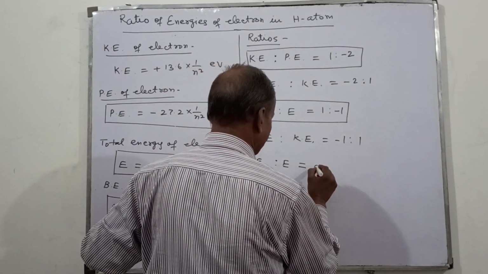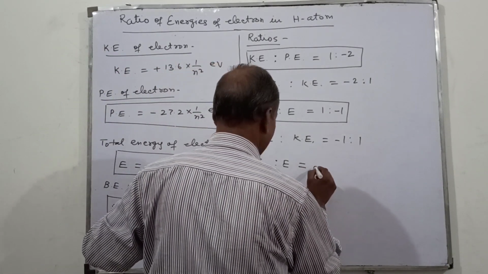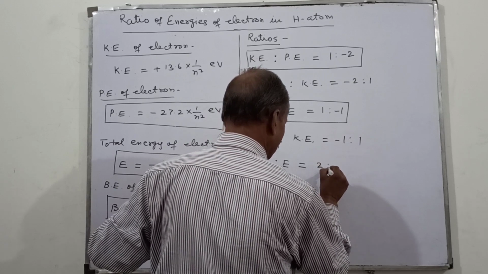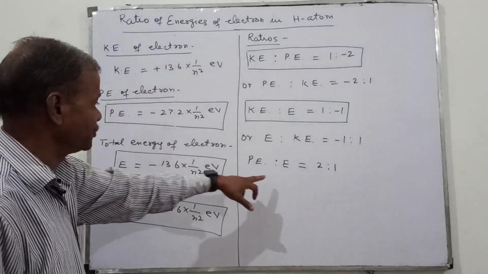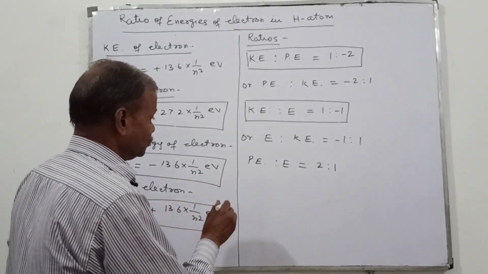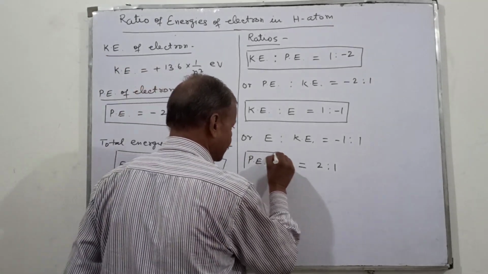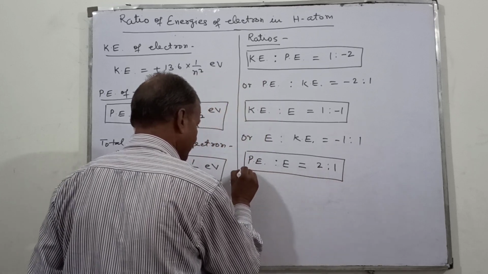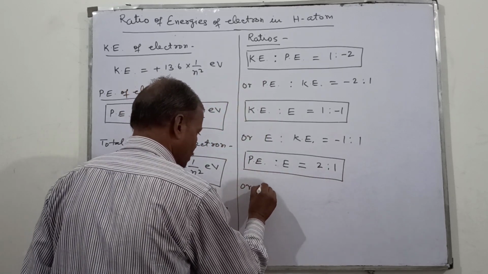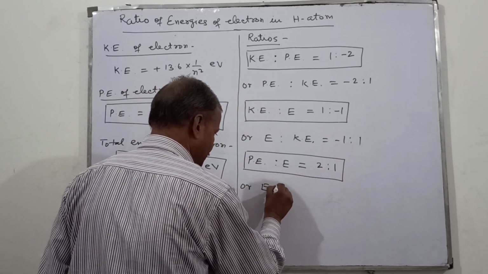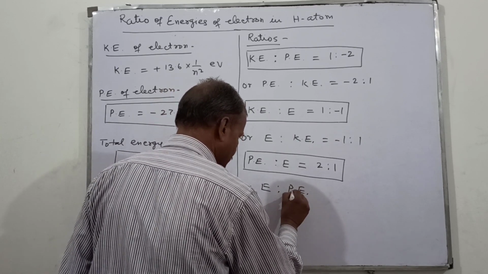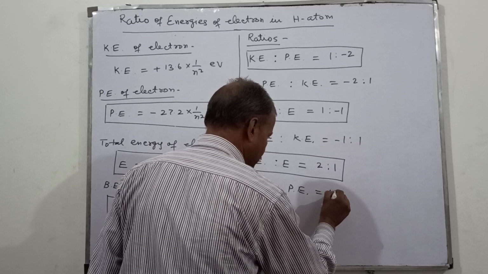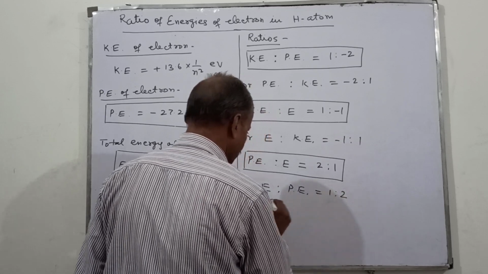Both being negative, the ratio will be positive, so this is 2 ratio 1. Or total energy ratio potential energy, this is 1 ratio 2.